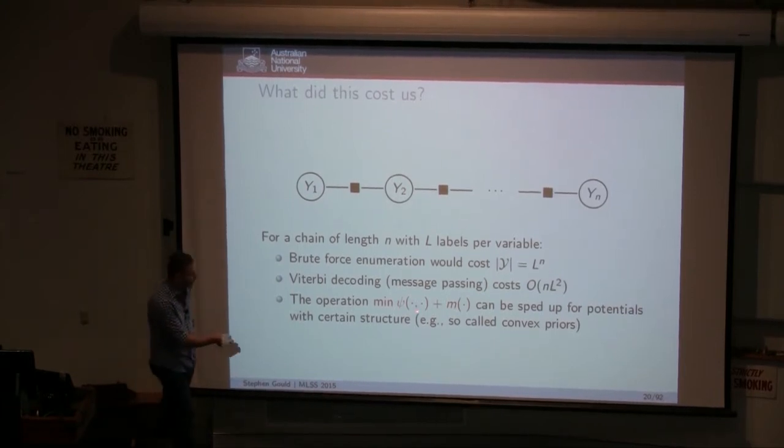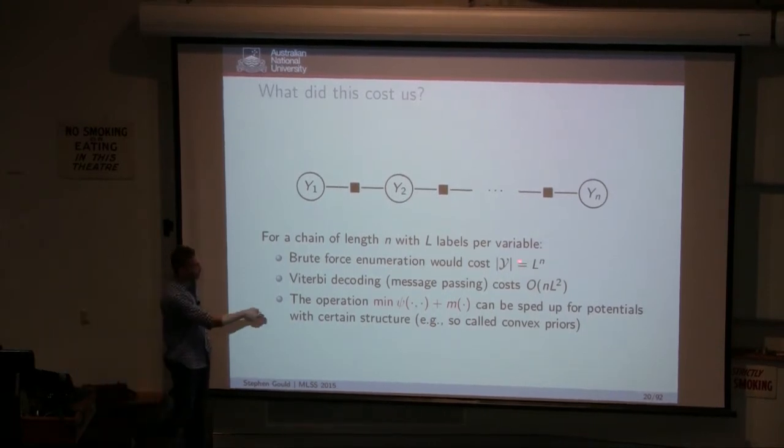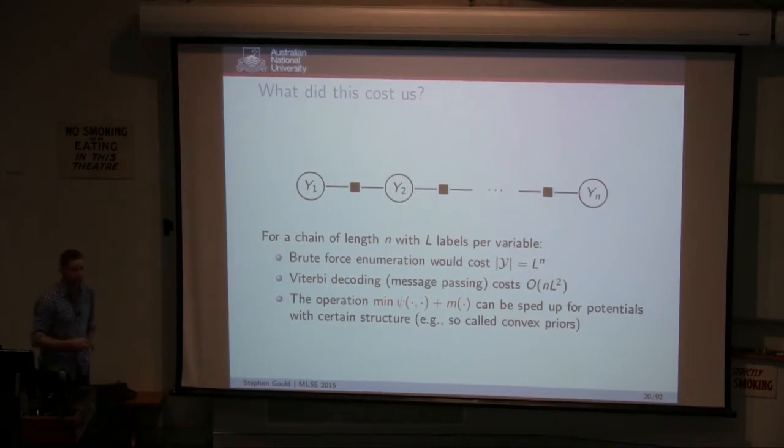It's possible that for some factors, this operation reduces to linear in the number of labels rather than quadratic in the number of labels. But the main message here is we've gone from exponential in our number of variables to basically linear in our number of variables and quadratic in the label space. Huge, huge saving. So that's great.